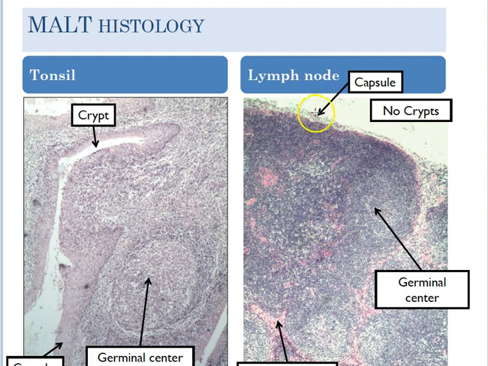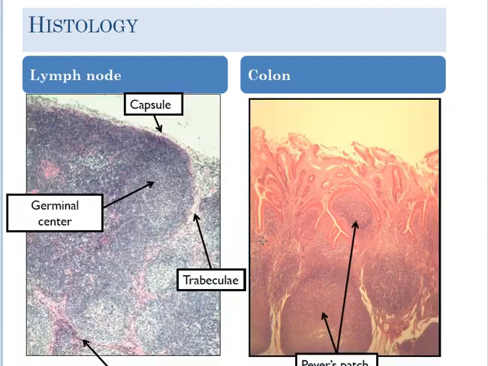If this is the capsule of a lymph node here, and that's a germinal center, you're going to see that there's a repeating theme in all of these histological presentations, where we have some form of a germinal center of cells that are made up primarily of B cells, surrounded by some mixture of antigen-presenting cells moving in here to present materials to those cells, and then some mixture of T cells that will then move off and do some other responsibility. And you'll see what that is later.